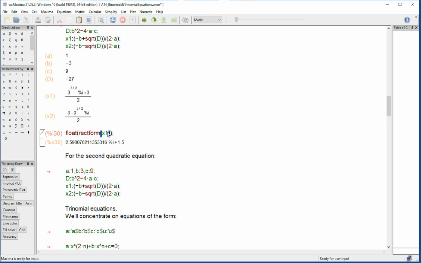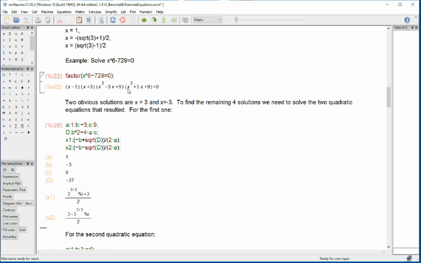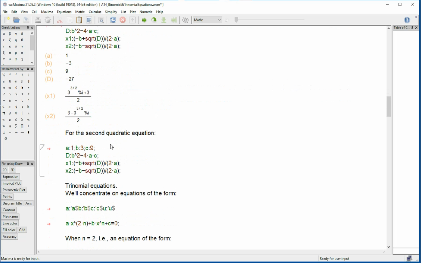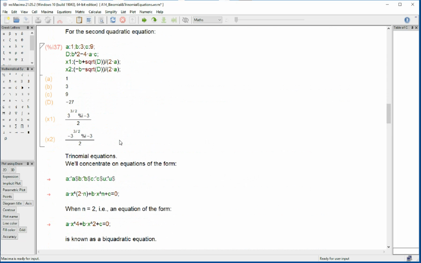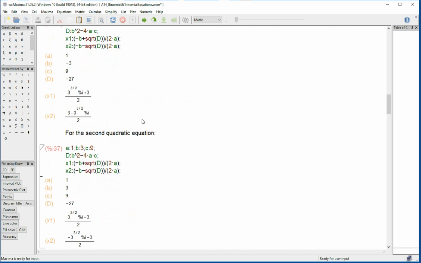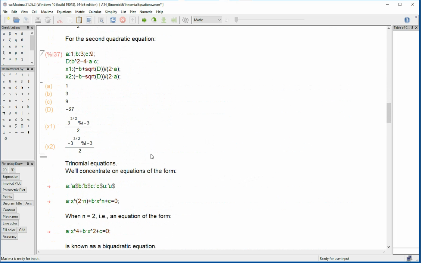And then we can also do it for x2 and obtain a different number. We're going to erase this one right here. For the second quadratic equation that we have as a factor in this problem, we have these values for a, b, and c, and we find the roots to be these results. Okay, so those are binomial equations of several orders done by factoring.